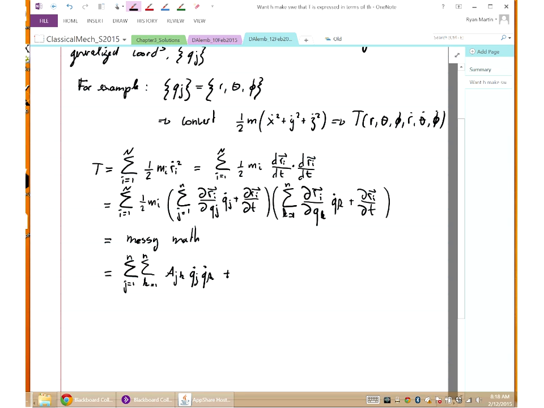Then there'll be a second term that'll be first order in the q_k dots. So that'll be a sum k equals 1 to n of b_k q_k dot. And then there'll be a constant term, or not necessarily a constant term, but a term that doesn't depend on the q dots.